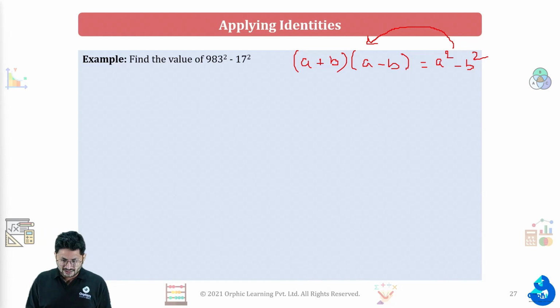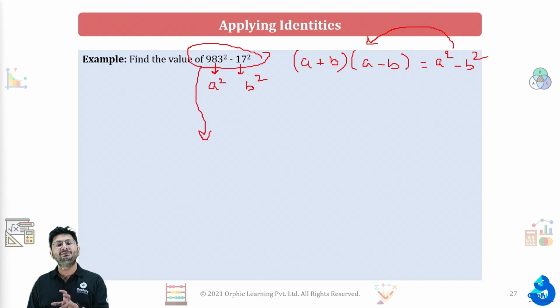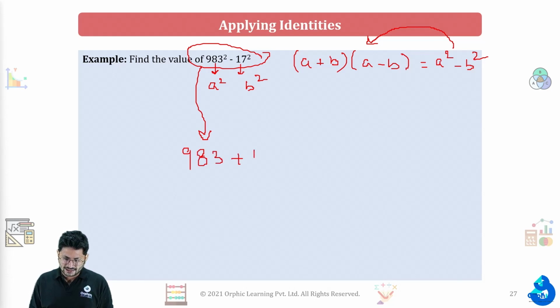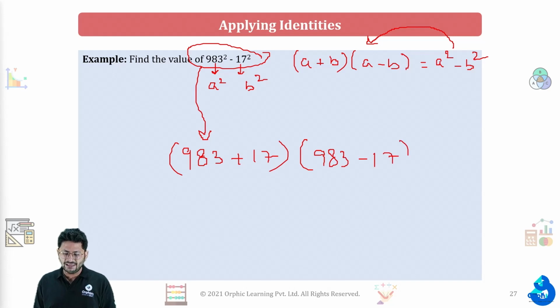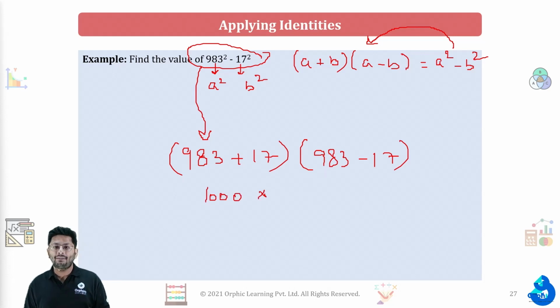So this will be acting as a square, this will act as b square, and this entire thing I'll be able to write as a plus b into a minus b. So it will become 983 plus 17 into 983 minus 17.